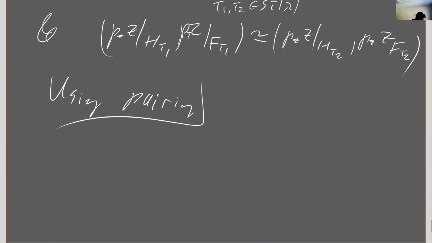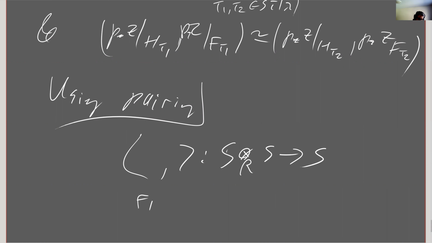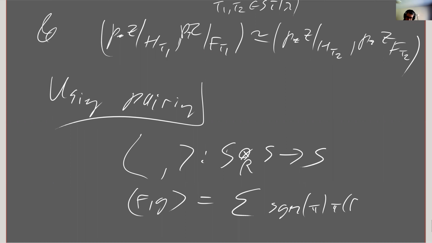I don't know if this is similar to the ones he was suggesting, but we have an R-linear pairing from S given by FG is the sum of this sort of alternating idempotent. So this is always alternating.